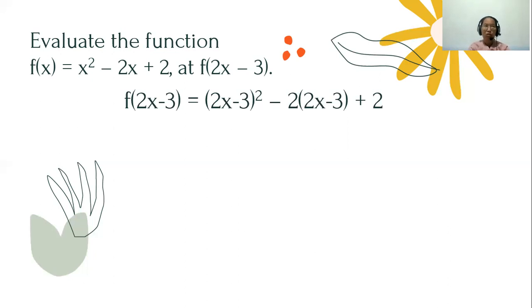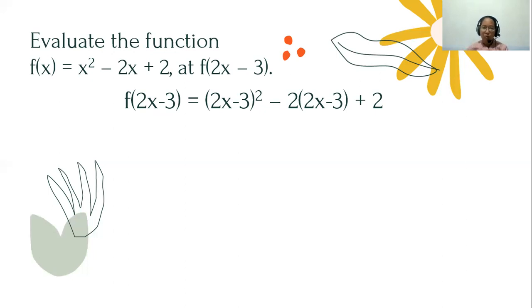With our first expression, we need to multiply 2x minus 3 twice. And doing that, you need to recall the FOIL method, because you will now be multiplying two binomials. Or if you can still remember the short way of doing that, you only need 3 steps. First, take the square of 2x. So 2x times 2x is equal to 4x squared.